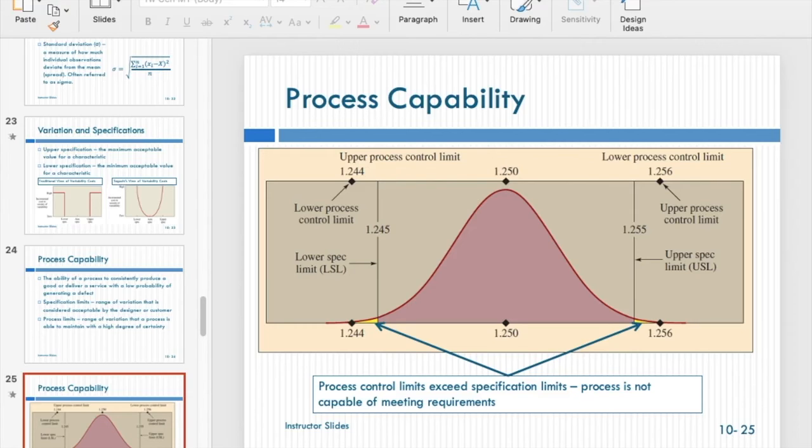So 1.250 plus 3 times 0.002 is 1.256. So 1.256 corresponds to the upper process control limit. How to build up the lower process control limit? Very simple. 1.250 minus 3 times 0.002, which is 1.244. So by following this way, you have the lower process control limit and upper process control limit.